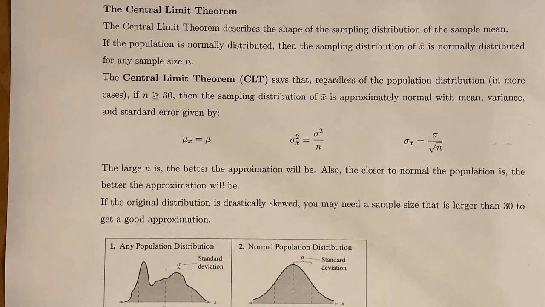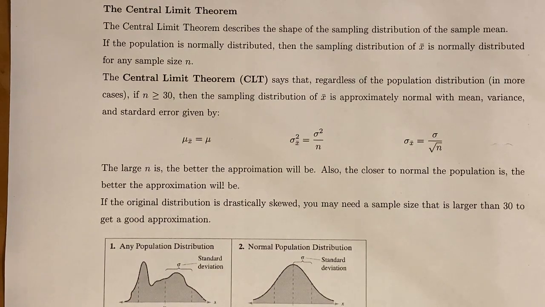So essentially, if you're taking large sample sizes, you're forcing your distribution to be normal. And if your distribution was fairly close to being normal, like it was off by just a little bit, then by taking the sampling distribution, you're making it closer to being normal.